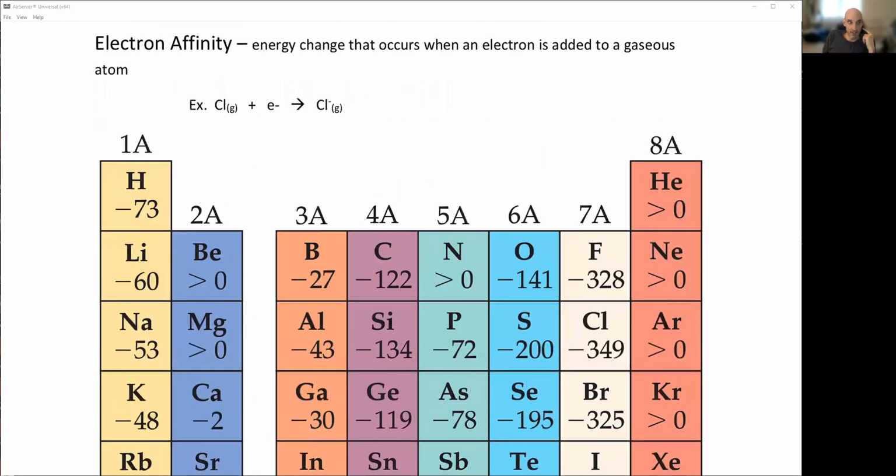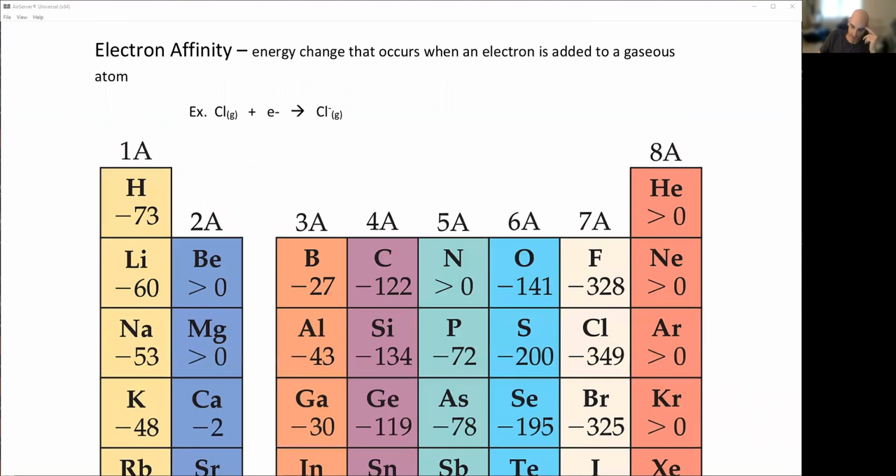Next up, let's take a look at electron affinity. This is the opposite. Electron affinity is chlorine, or some element, plus an electron making the -1. So we're creating an interaction, which means that all of these are going to be exothermic unless otherwise stated.